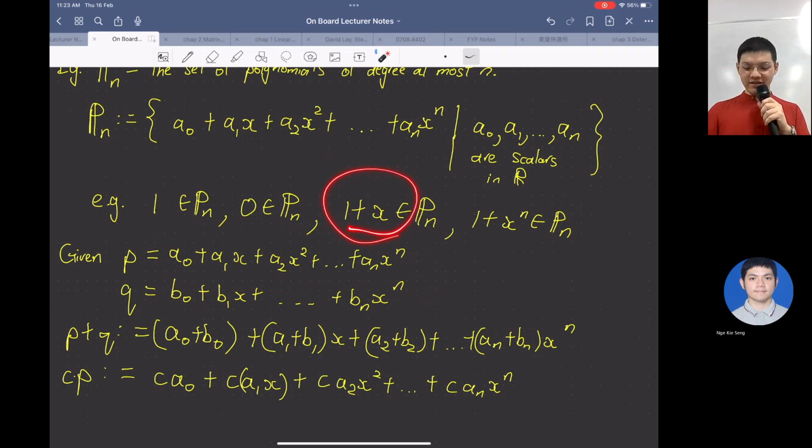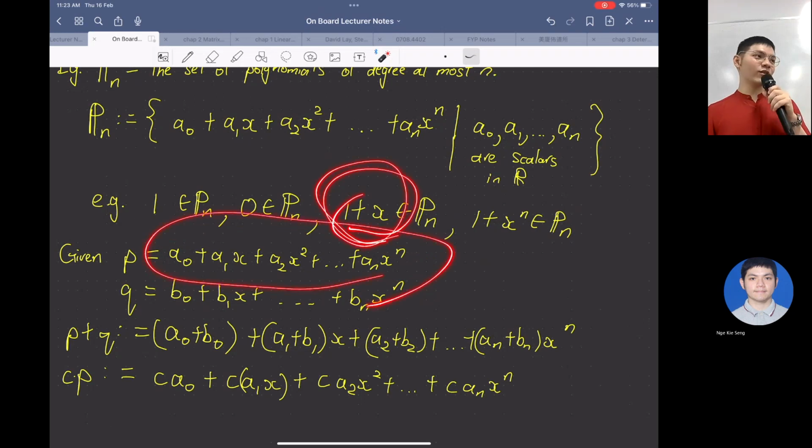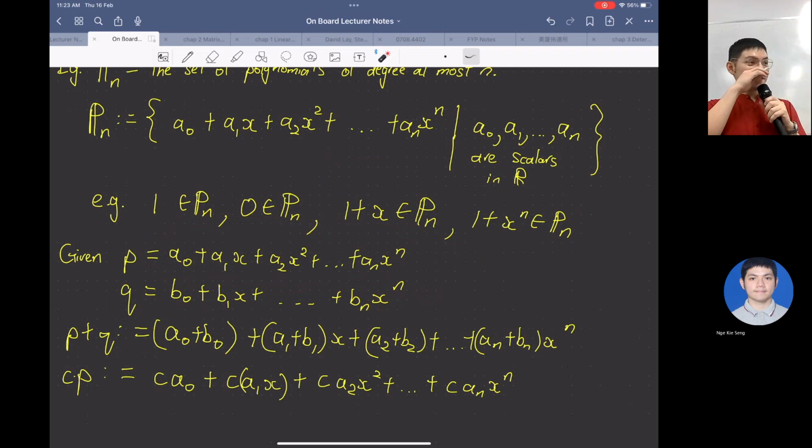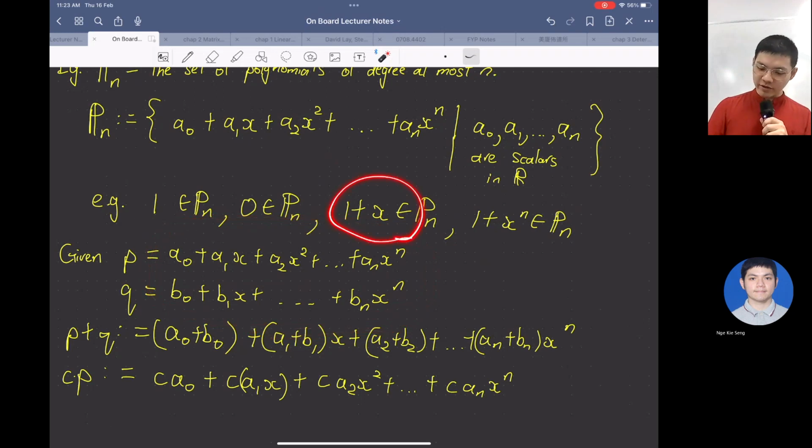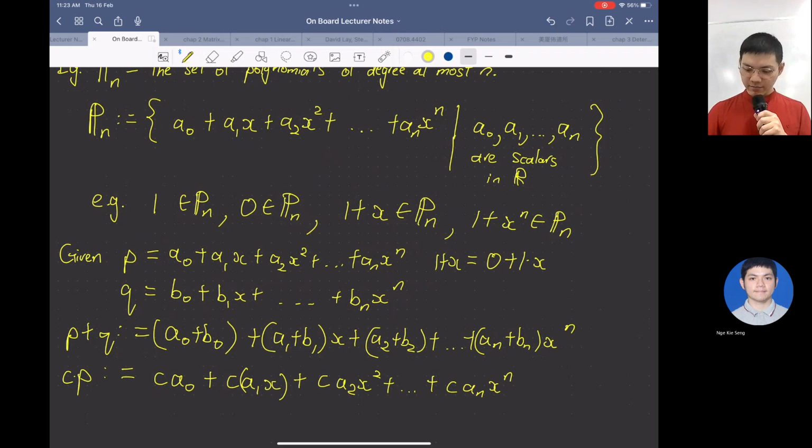The idea is that this is the general case. Every polynomial can be written with this length. For example, 1 plus x is equal to 1 plus 1 times x plus 0 times x squared, dot dot dot, until 0 times x to the power n. This is the formality we are having.